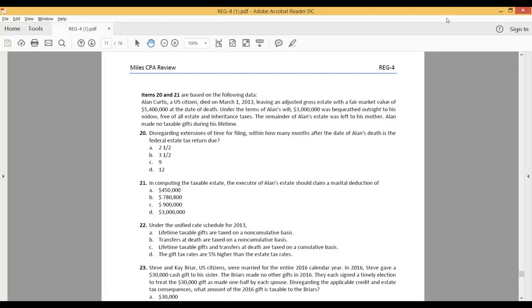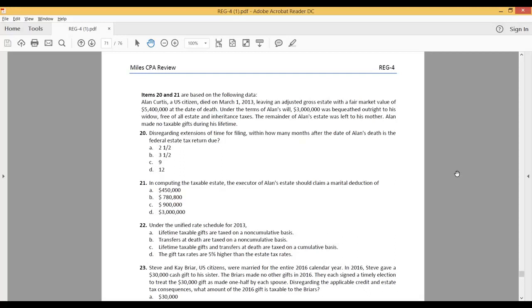What's the answer? What's the answer, guys? Is it C, lifetime taxable gifts and transfers at death are taxed on a cumulative basis?